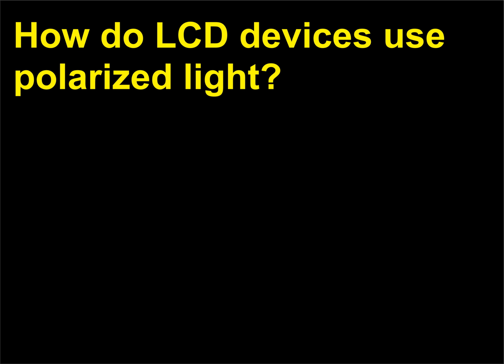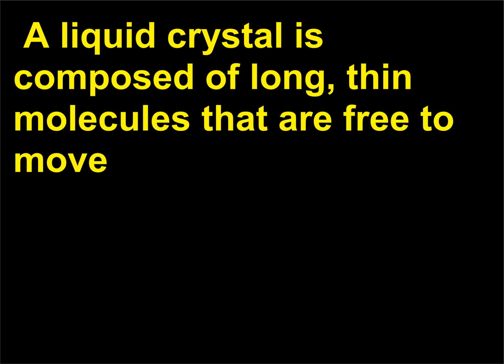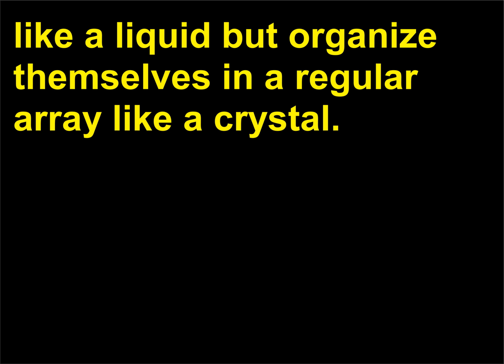How do LCD devices use polarized light? LCD stands for liquid crystal display. A liquid crystal is composed of long, thin molecules that are free to move like a liquid but organize themselves in a regular array like a crystal.